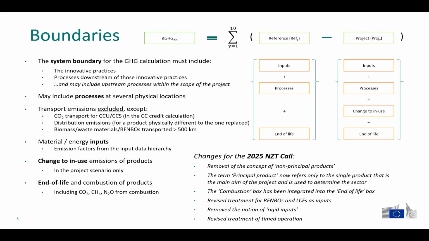There's a revised treatment for RFNBOs and for low-carbon fuels that are used as inputs. We have removed the notion of rigid inputs, but there are now additional rules defined for waste materials used as inputs and for inputs that have no economic value. And we have revised the treatment of timed operations.